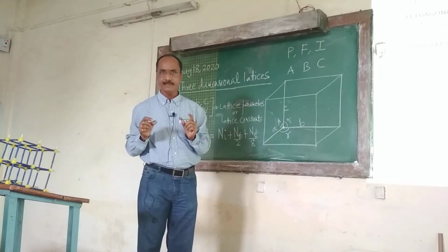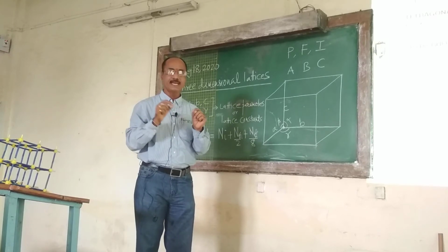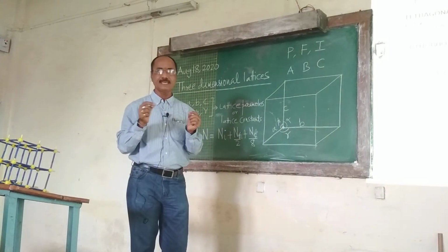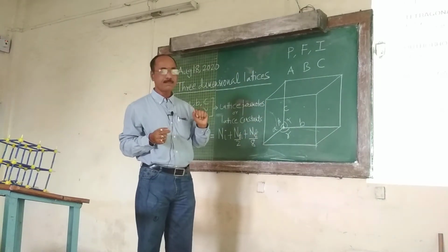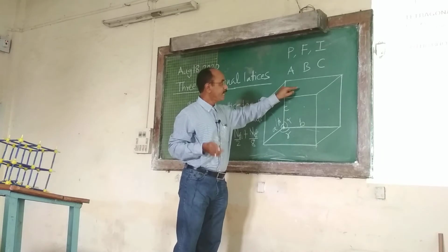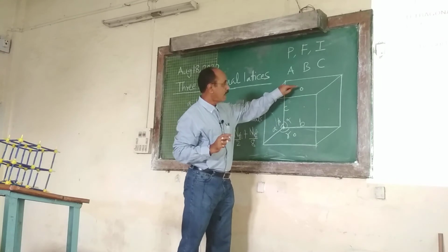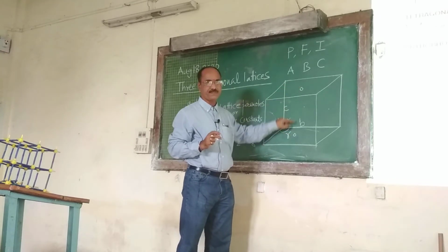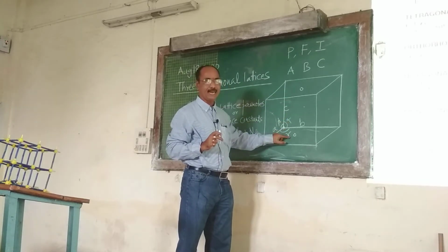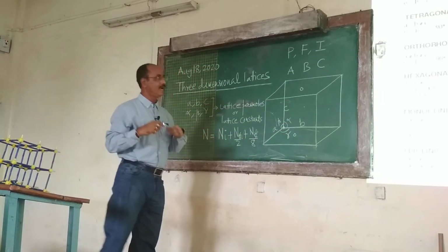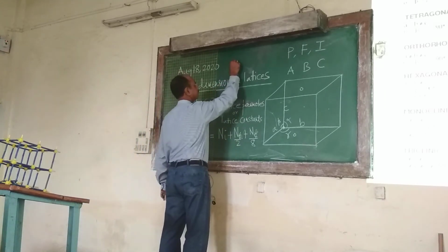There are 6 faces for a cubic unit cell, so there are 6 lattice points at the center of each face, designated as F. But if there are lattice points only at two opposite faces of the unit cell, then it is called an end-centered unit cell.